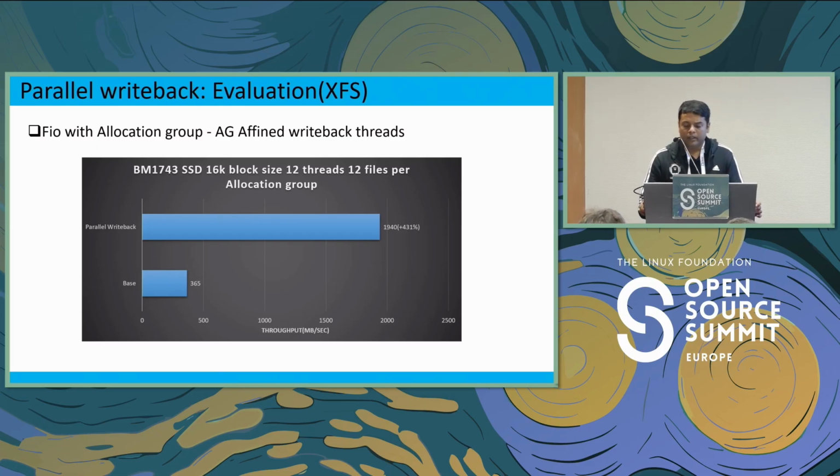So this tunable parameter can be varied, and in some cases for a hard disk drive, what we saw, so these are the results with the NVMe devices. But with the hard disk drive, because it is a spinning disk and the heads have to be rotated, we don't see improvement with parallel write-back.